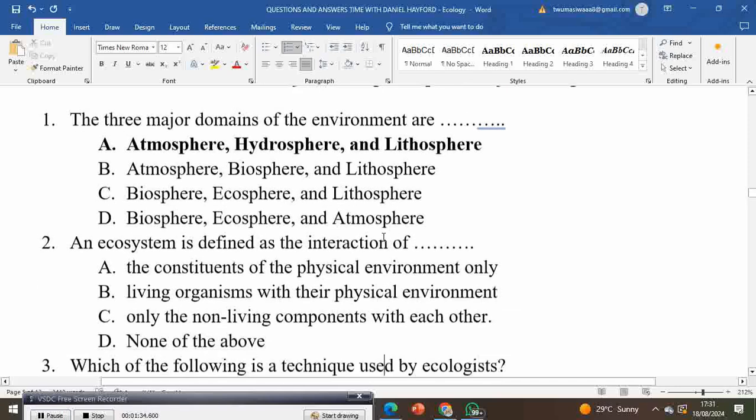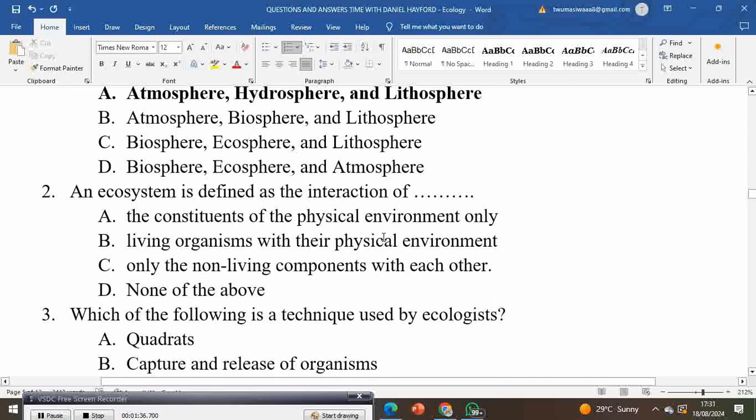Now, question number 2. An ecosystem is defined as the interaction of... In other words, we are supposed to complete a sentence. The first option is the constituent of the physical environment only. B, living organisms with their physical environment. C, only the non-living component with each other, and D, none of the above.